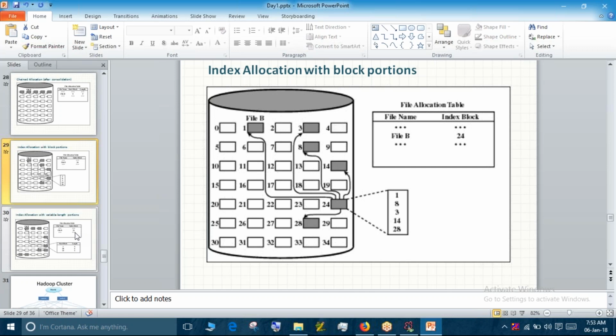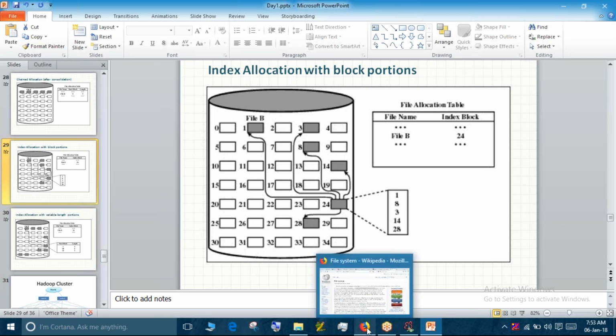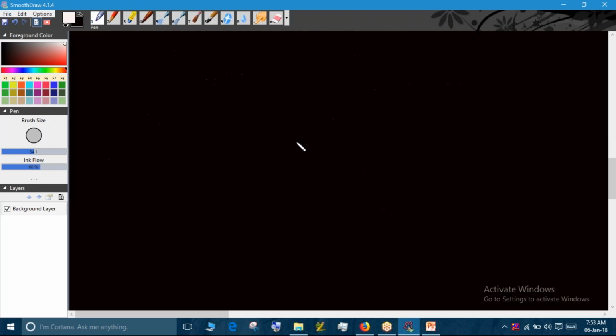Now, I need not tell you much about why we require distributed storage. I have explained very clearly why we need a file system.